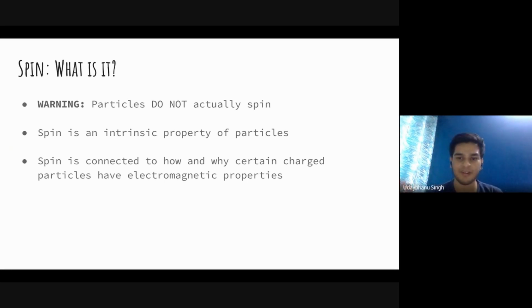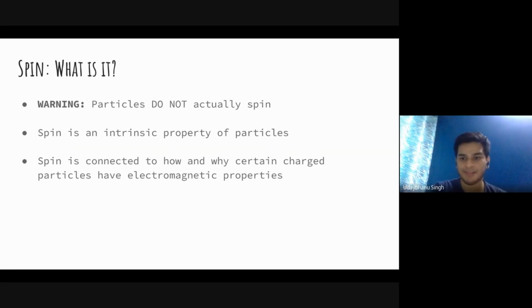So first we started off with the idea of an atom, then we broke the atom down into protons, neutrons, and electrons. Then we further broke down protons and neutrons into quarks, and now we're trying to study the properties of quarks. So when we're saying that quarks are fundamental, we are trying to study something that cannot be broken down further, right?